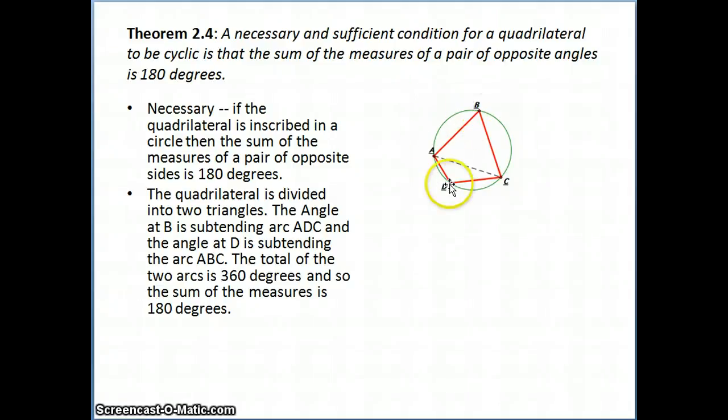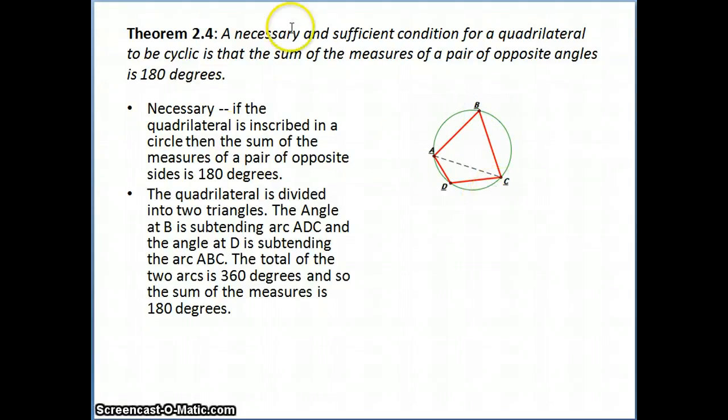If we are given a quadrilateral, a polygon, we may not be able to draw a circle such that all the vertices lie on the circle. So what is the necessary and sufficient condition? Theorem 2.4 says if one pair of opposite angles, for example angle B and D, add to 180 degrees, then we should be able to draw such a circle.